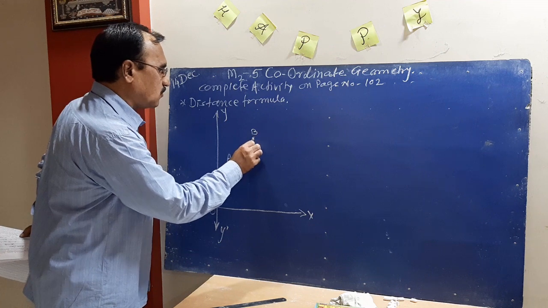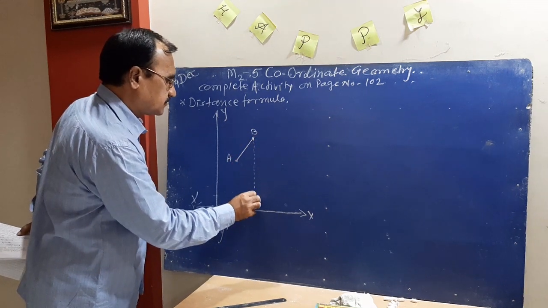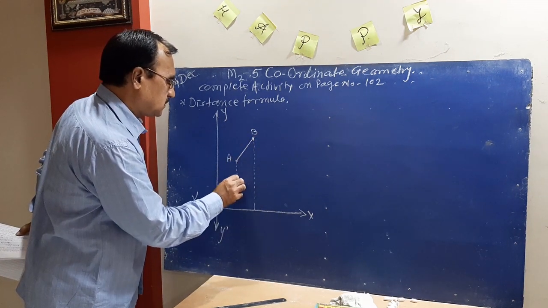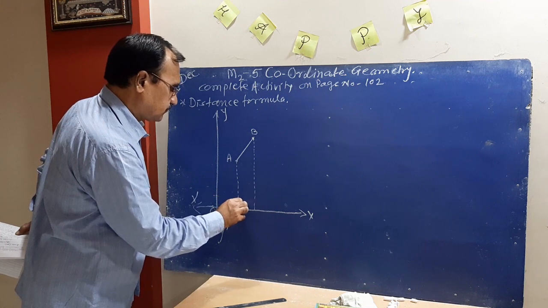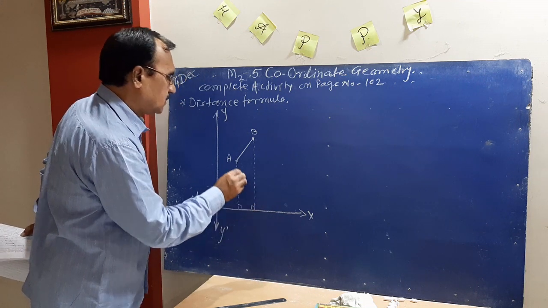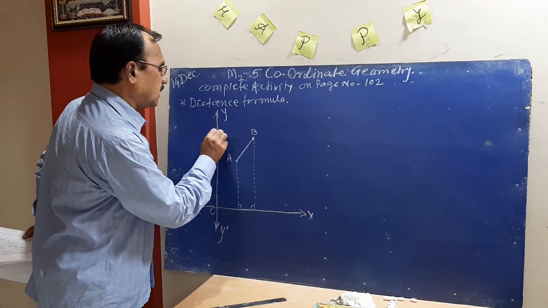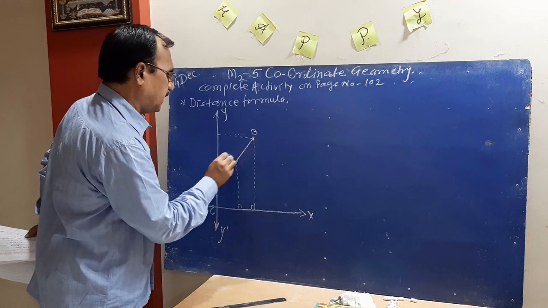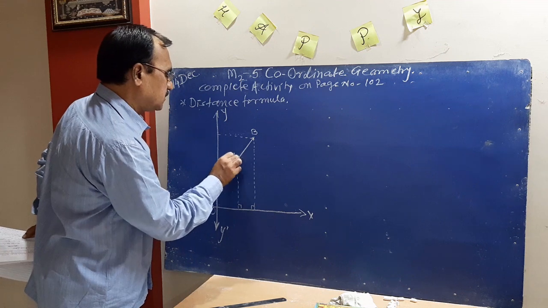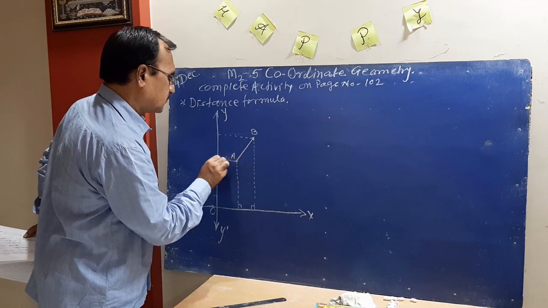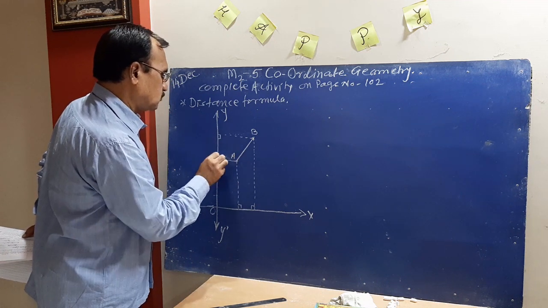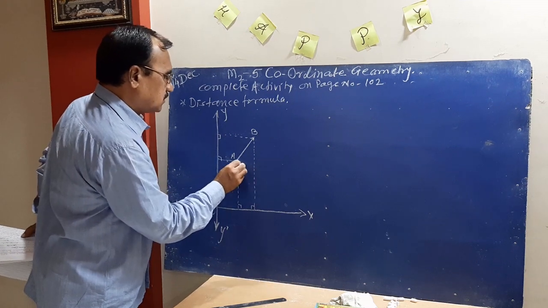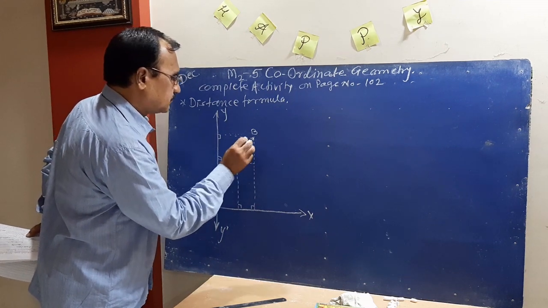Draw a perpendicular from this point on the x-axis, from this point also. Then again draw perpendiculars on the y-axis from points A and B. These are also perpendicular. Now join this.